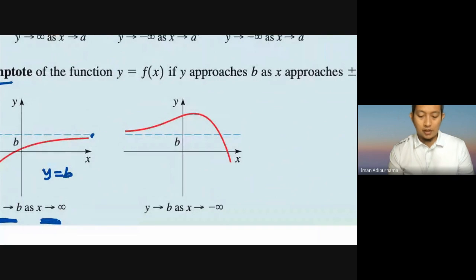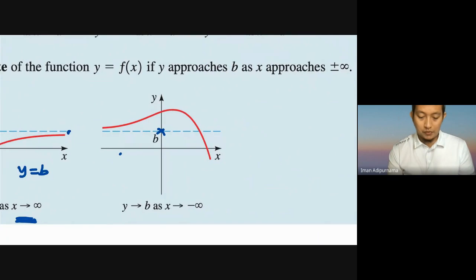Similarly, we can have y equals b as our asymptote when x is getting negatively large to the left, and y is also approaching some finite value b. And this is what I mentioned before.